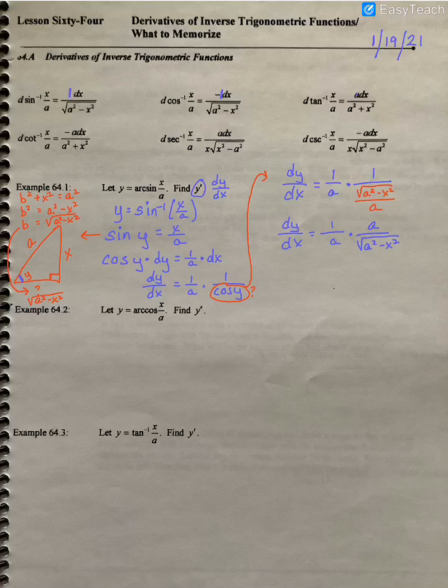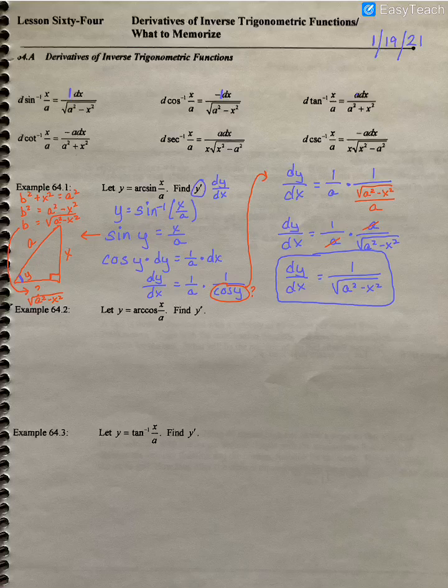You will hopefully notice that our a values can cancel, and we are down to dy dx equals 1 over the square root of a squared minus x squared. And that is your derivative of sine inverse of x over a.